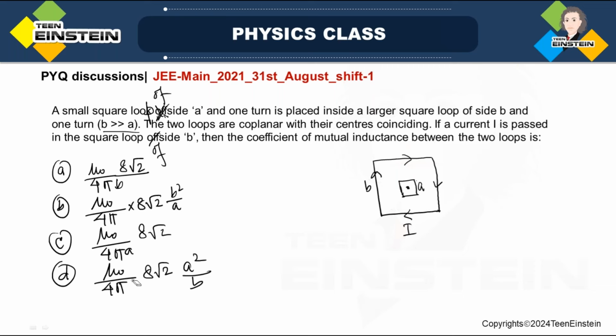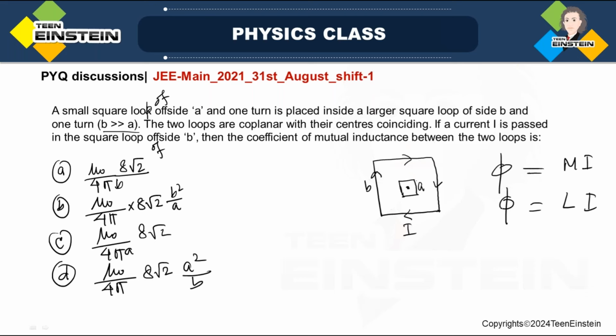Whenever we go for calculation of mutual inductance or self inductance, we should find out the flux, and flux is M i for mutual inductance, or in case of self inductance, phi is equal to L i.